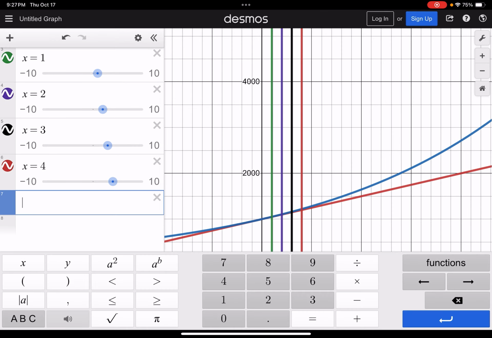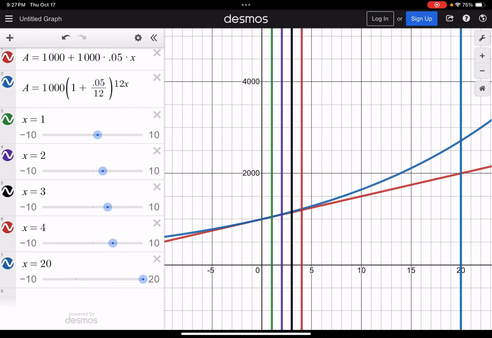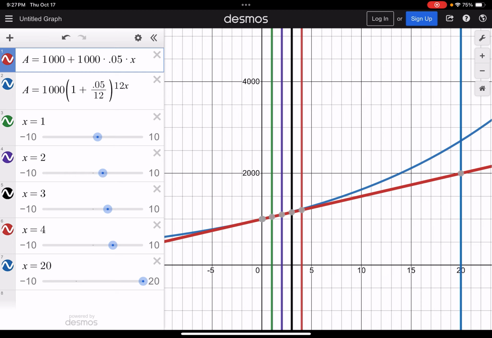Let's talk about after 20 years, if we were to calculate this. So in this case, I'm looking at this blue vertical line I've just added. If I invest that $1,000 20 years from now, if I invested in that simple interest account, I will get $2,000. So I'll essentially double my money. Very exciting.